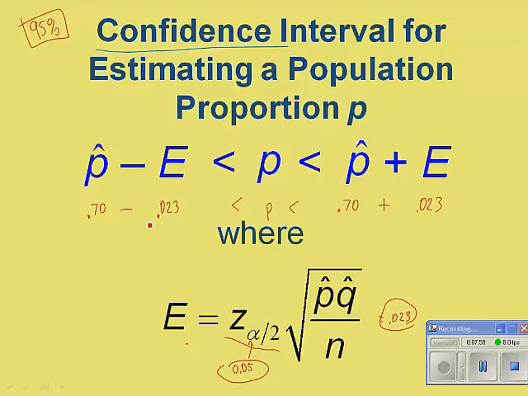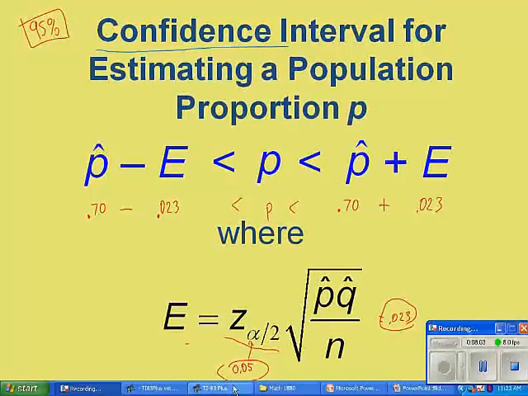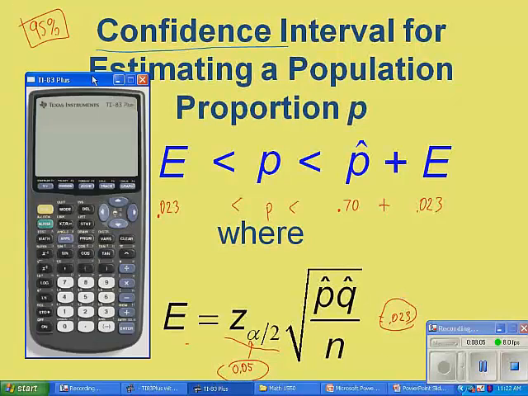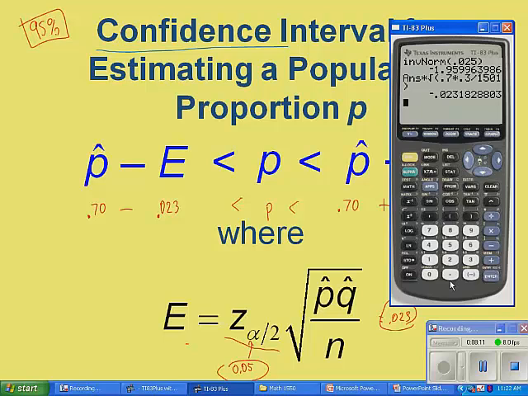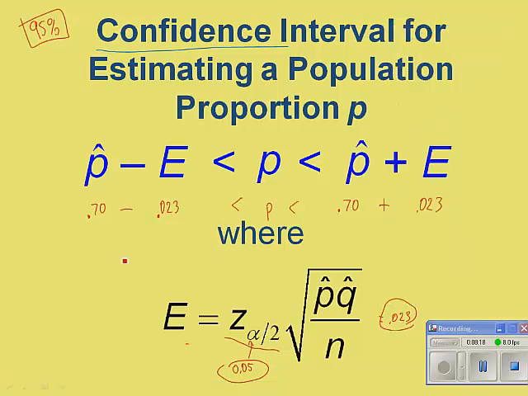So let's see. 70% minus 0.023. Let me compute that. Okay. 0.7 minus 0.023. Oh, okay. 0.677.